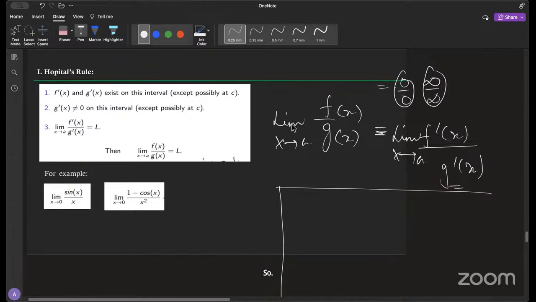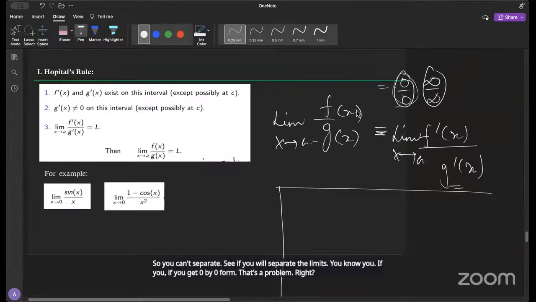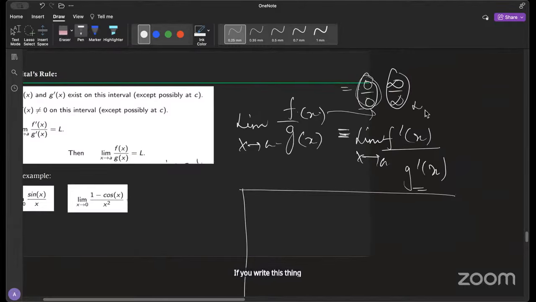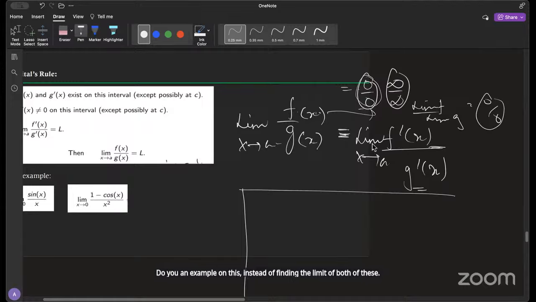So you can't separate. See, if you separate the limits here and you get 0 by 0 form, that's a problem, right? If you write this thing as limit f by limit g and then get a 0 by 0 form, that's a problem. What you do next is, instead of finding the limit of both of these, you find the limit as x tends to a of f dash x by g dash x.